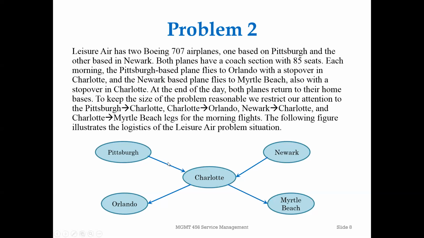The seat can also be used to serve somebody who wants to go from Pittsburgh to Charlotte, then to Orlando, right? So how do you sell all these tickets? Different OD pairs have different demand, and the market price is also different. So we have to make a decision to better allocate these seats to different OD pairs so that the airline can make more money.